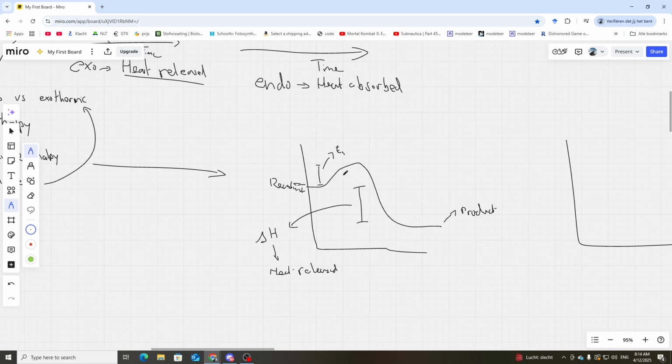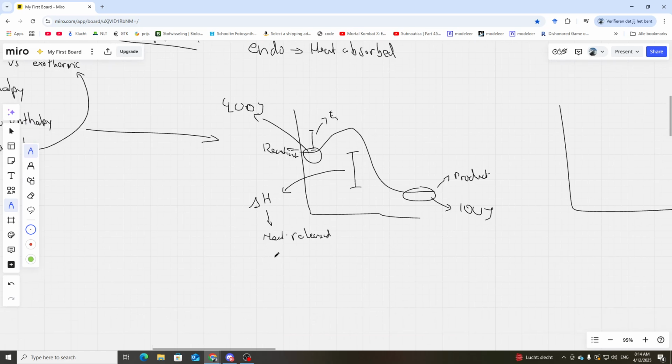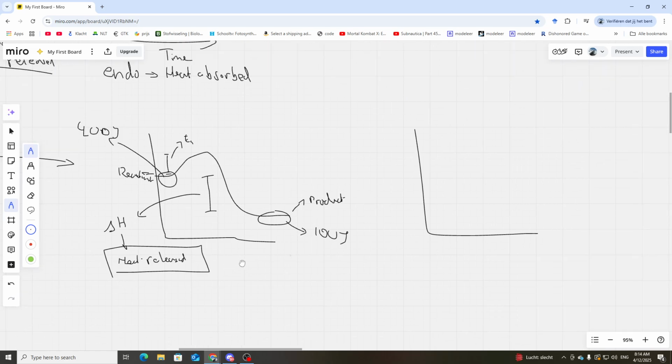Yeah? So for example, we go from something that has 400 joules, we stick it in a fire, activation energy, it starts doing, and it turns into something with only 100 joules. There's a difference, a delta enthalpy of 300 joules, and that is released as heat.